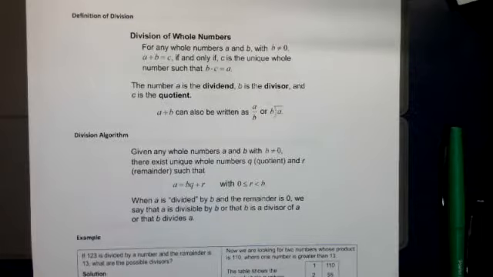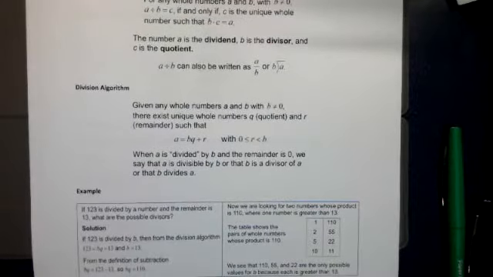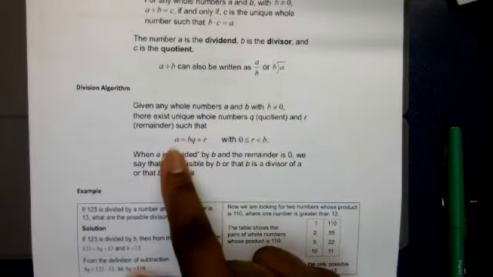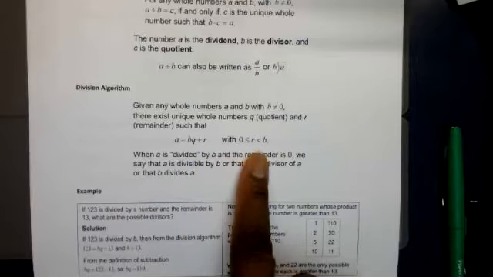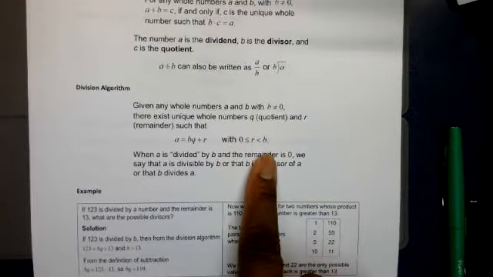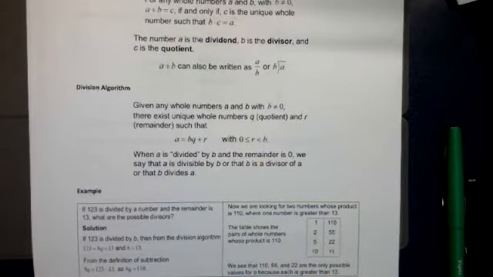Now for the division algorithm. If you're given any whole numbers A and B with B not equal to 0, there exist unique whole numbers Q, which is the quotient, and R, which is your remainder, such that A is equal to B times Q plus R. And R is a number that is at least 0 but less than B, your divisor, because the remainder has to be less than your divisor.